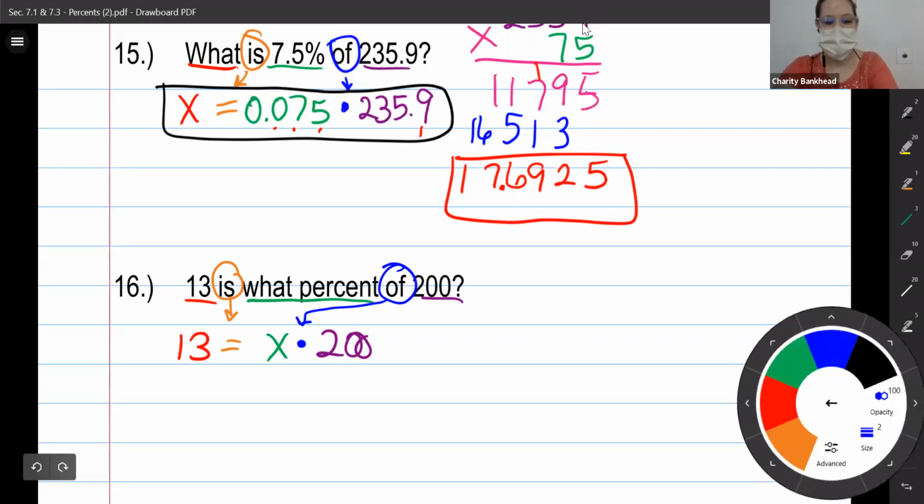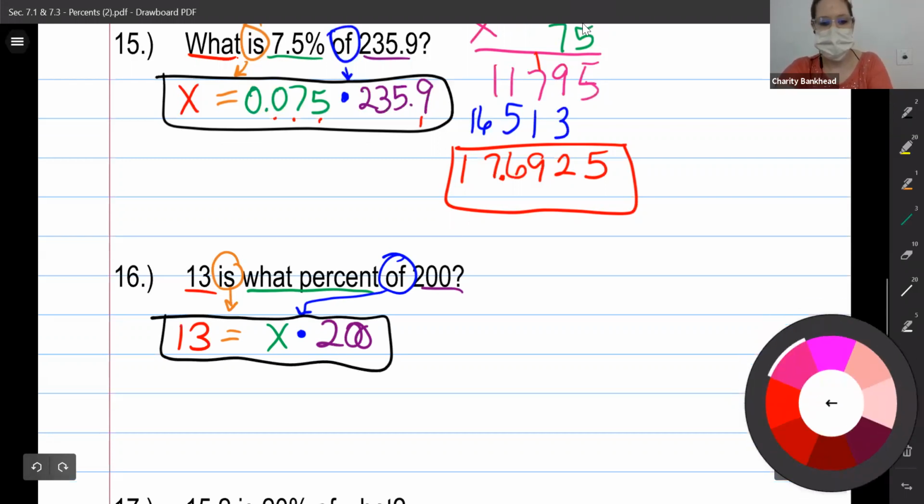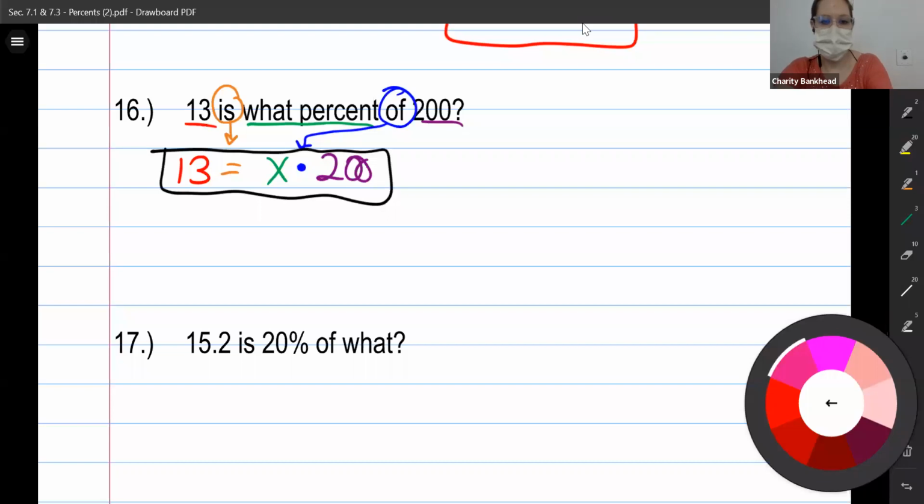So 13 equals X times 200 is the equation. And then to solve that equation, we need to divide both sides by 200. So 13 divided by 200.